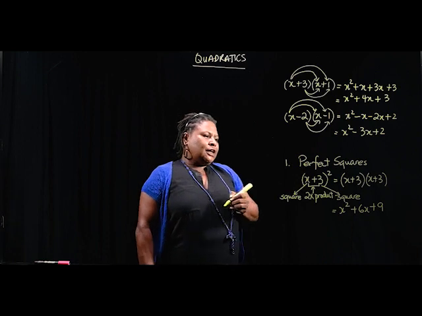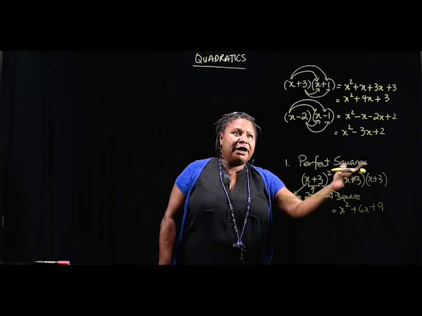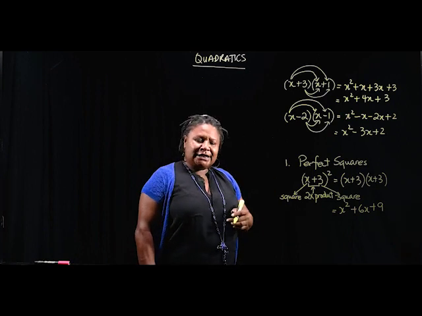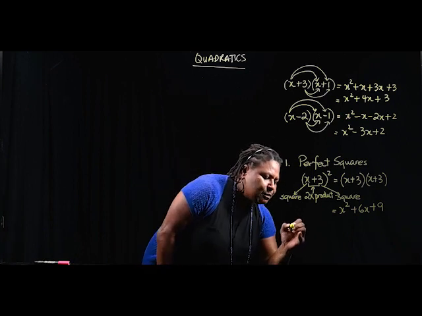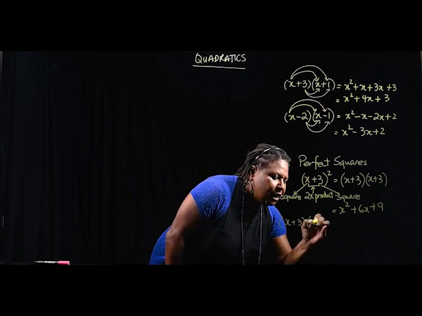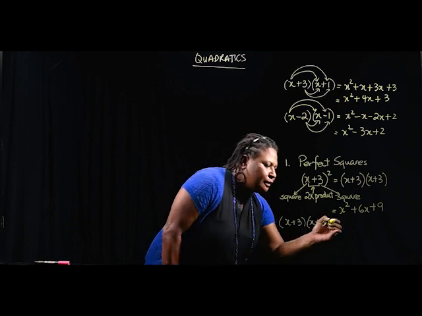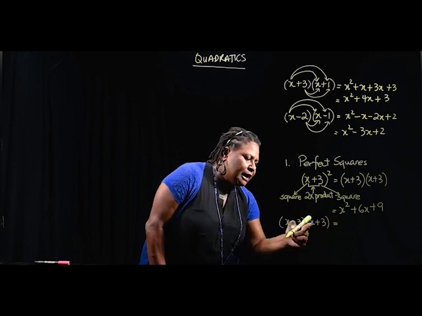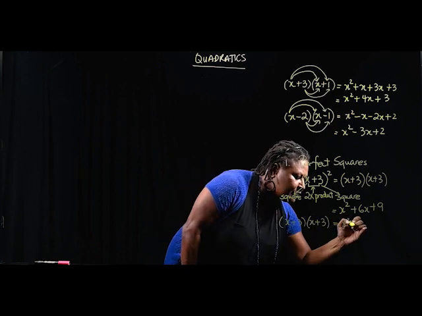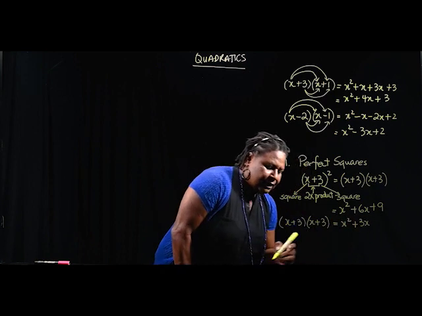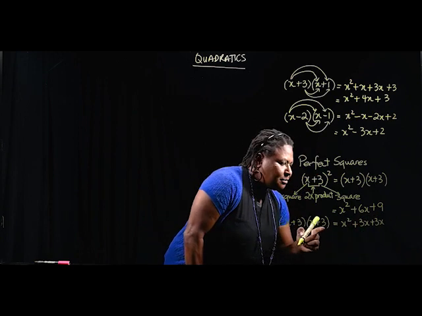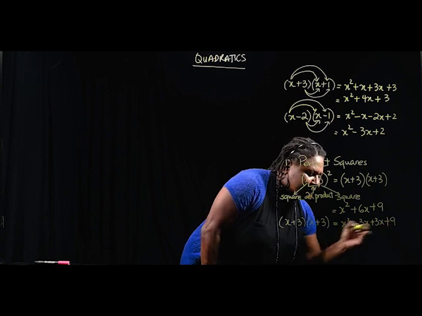Now, if you expand it the way we did at the beginning of the lesson, we should get the same answer. So let's check that. x plus 3 multiplied by x plus 3 is equal to x times x is x squared. x times 3 is 3x. 3 times x is 3x, and 3 times 3 is 9.